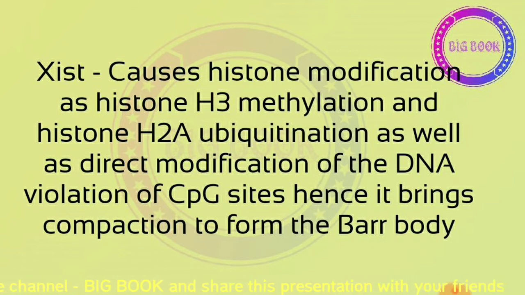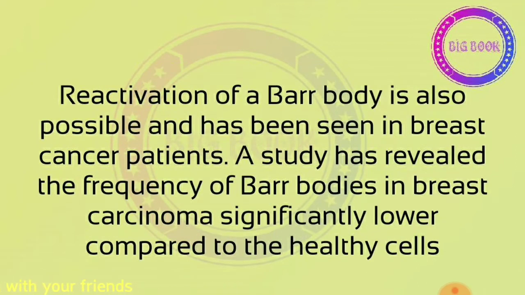So here the XIST gene is responsible for making the many changes of H3 methylation and histone H2A ubiquitination, as well as the DNA methylation of the CpG sites. Because of this smearing, the X chromosome which is taking part in the inactivation, or formation of the Barr body, gets highly condensed.